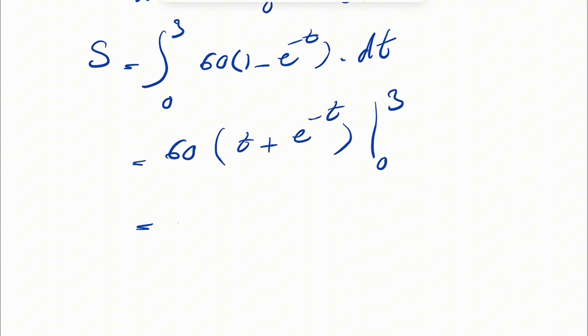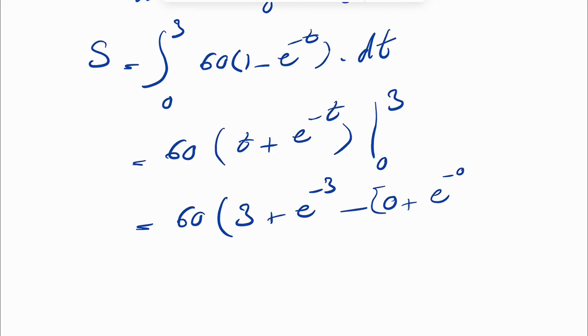If we put 3 in here, we have 3 plus e to the negative 3. If we put 0 in, from the first term we get 0, and from the second term we have 0 plus e to the minus 0, which is 1.